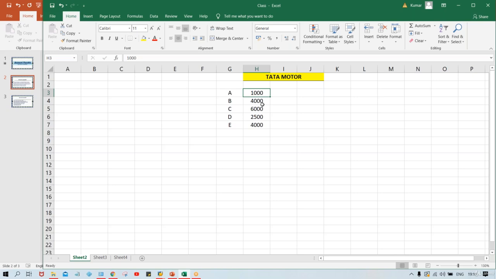Somebody might give an additional offer, like 1 year plus an extra 2 years warranty. Somebody says we'll give extra accessories along, mouse, keyboard. Such kinds of offers will be given by people.